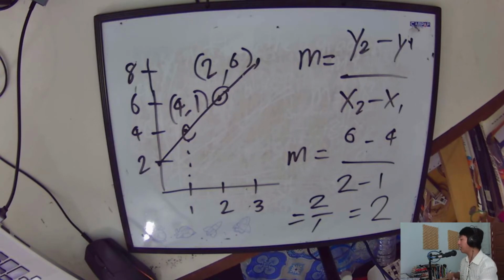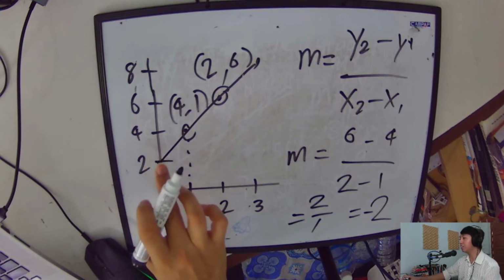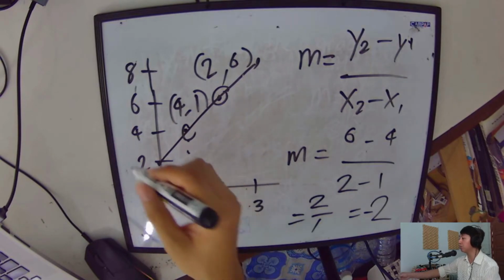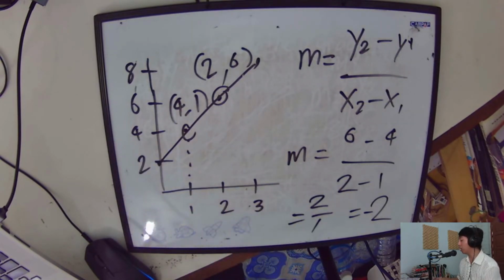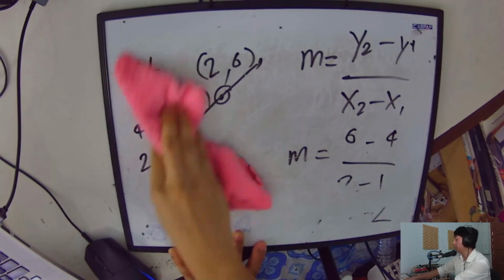Kalau negative gradient, if you have a negative gradient of negative 2, when x increases by 1, y will decrease, I should say, or y will increase by negative 2, ataupun dia menurun sebanyak negative 2. Ini yang dimaksudkan dengan gradient. So, kalau gradient dia tetap, dia akan kekalkan ataupun menyebabkan garisan lurus. Alright, very good.